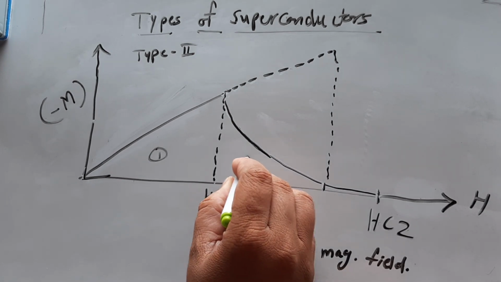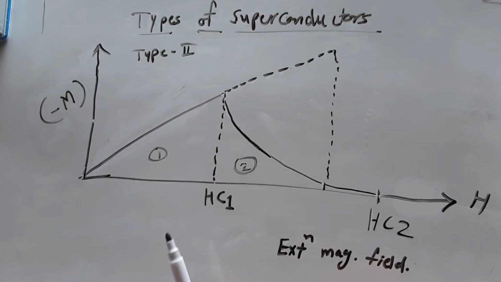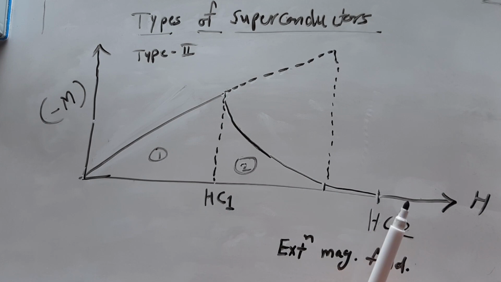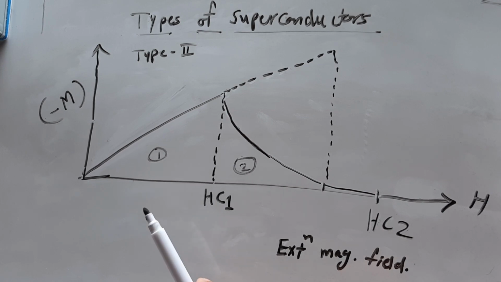Next, mixed state. So this is the region I am talking about now. You can start writing: this region extends from Hc1 to Hc2. At Hc1, flux starts penetrating the material.